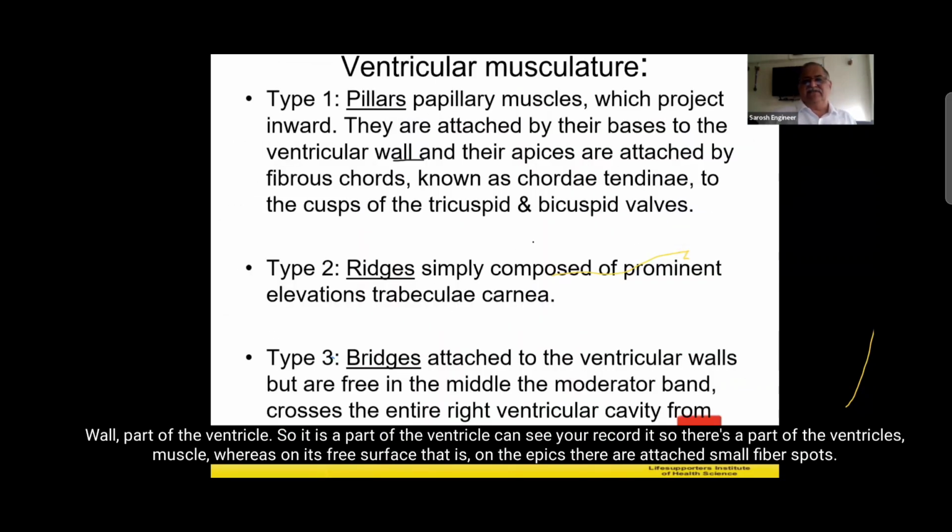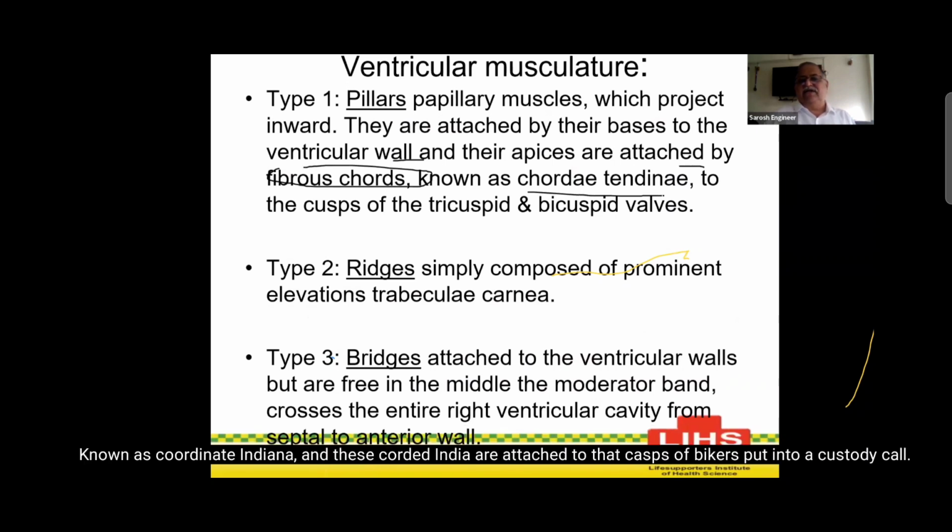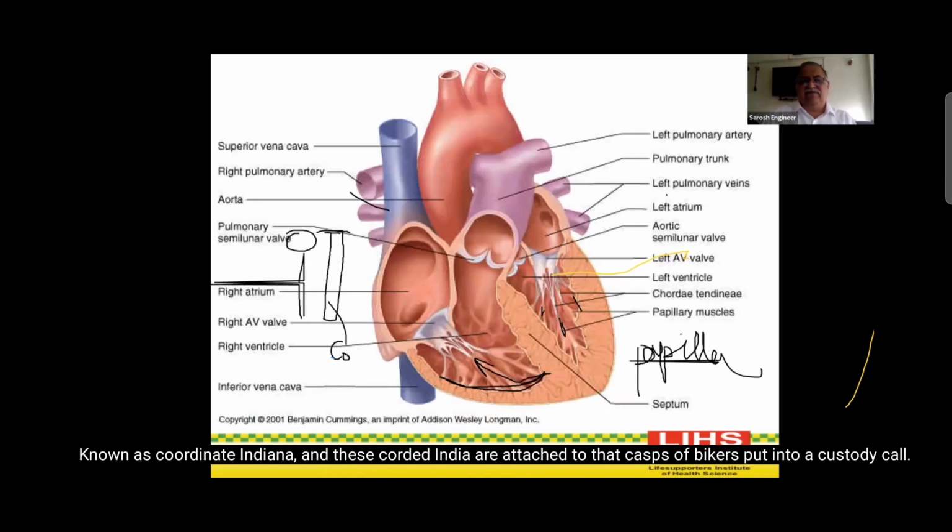Whereas on its free surface, that is on their apex, there are attached small fibrous cords known as chordae tendineae. And these chordae tendineae are attached to the cusps of the bicuspid and tricuspid valves.